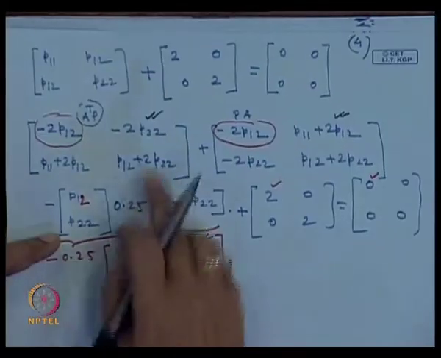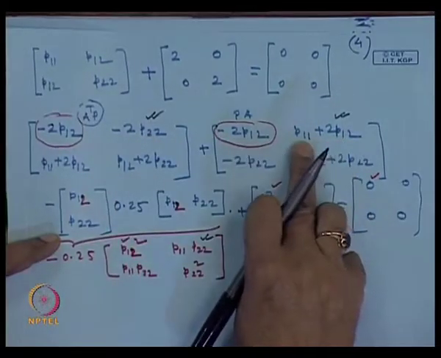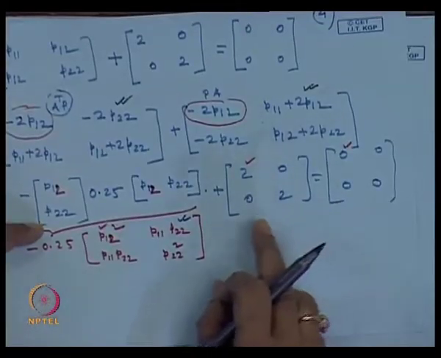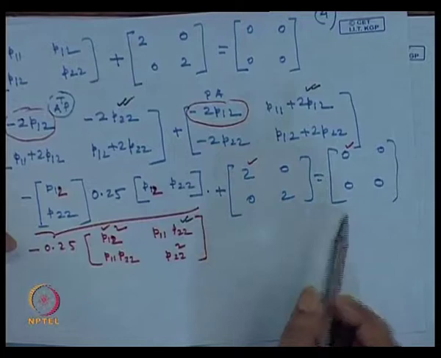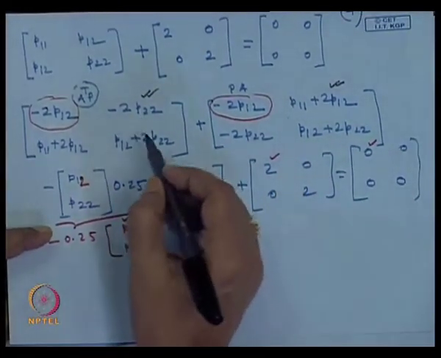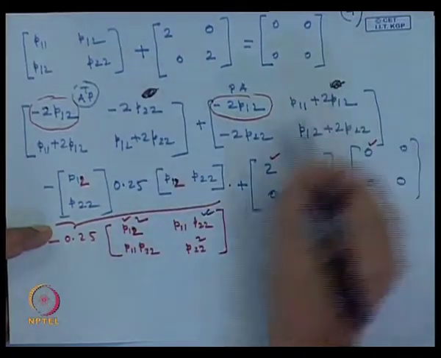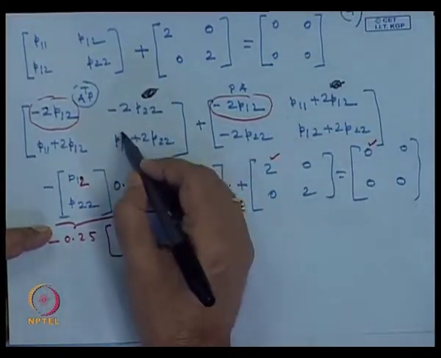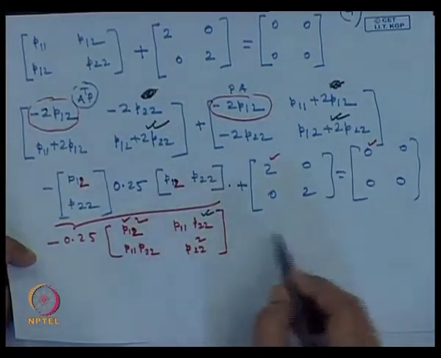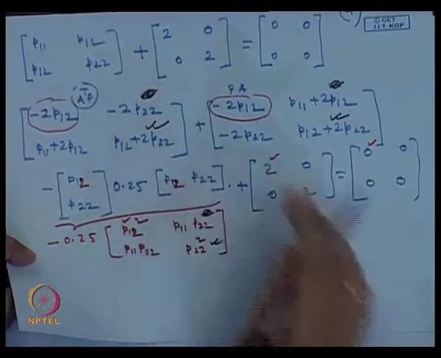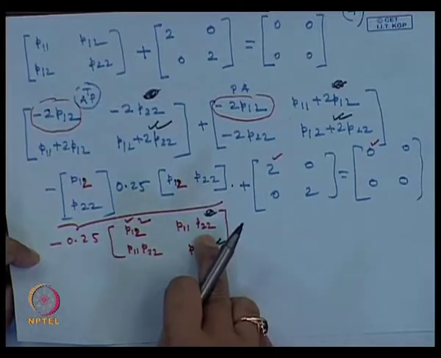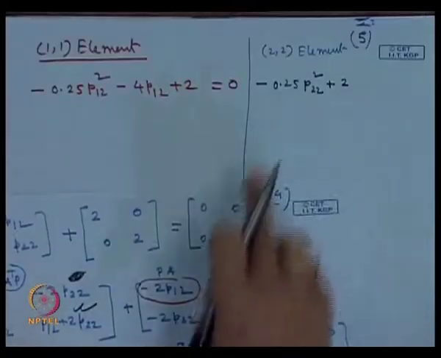See this one, the P 2 2 element. So, this is 0.25 P 2 2 square, what we have written.